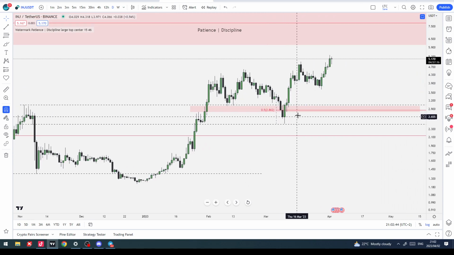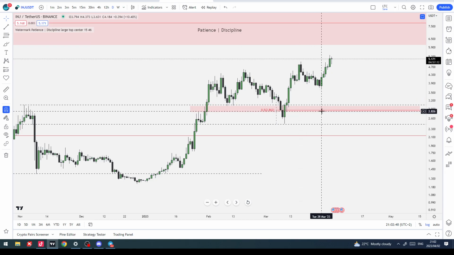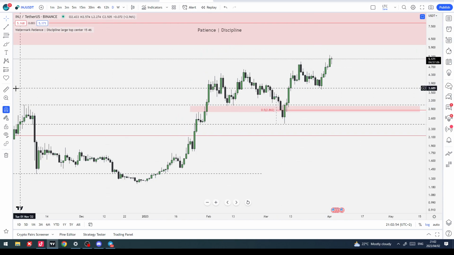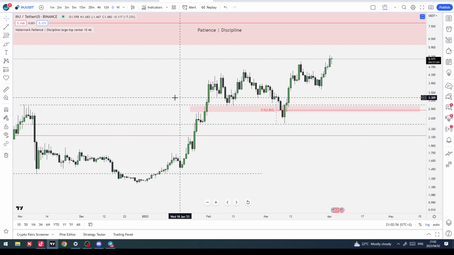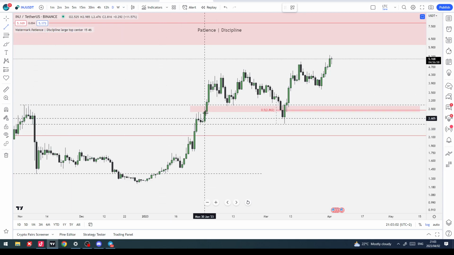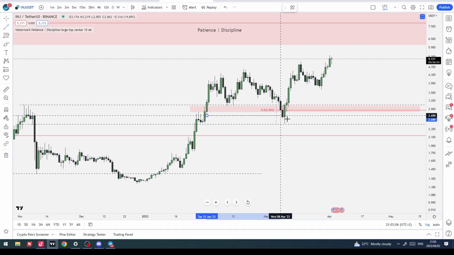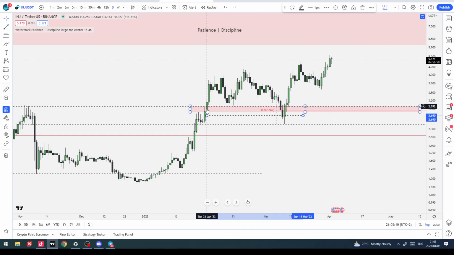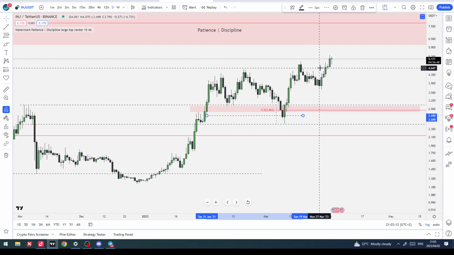If the price were to return to this order block inside here, that would be your next entry. The start of the new delivery actually happened from here. This candle broke the high and the start of the new delivery occurred here. You can see price came back, took the low of that candle, and then continued higher.